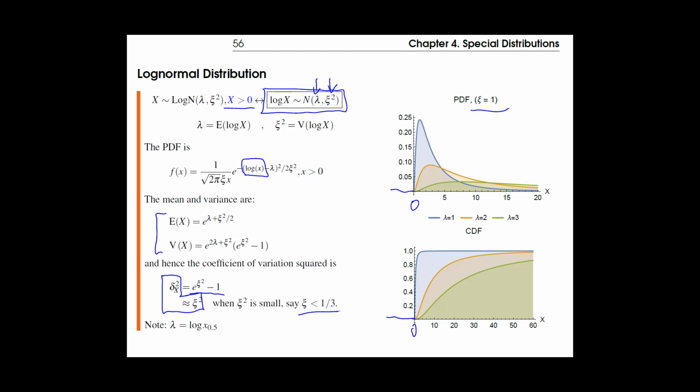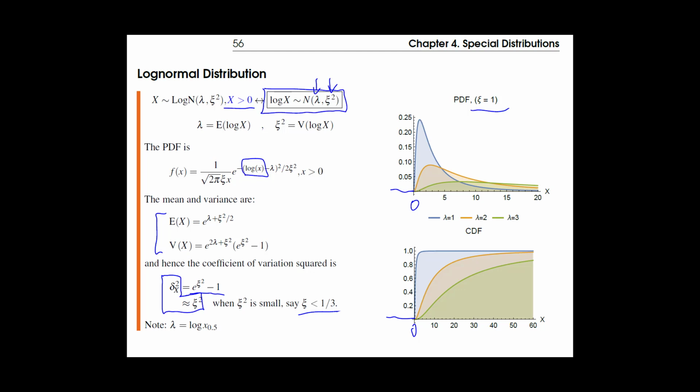So in those cases, if the distribution is log normal, it means that the psi parameter will be equal to the delta square coefficient of variation.